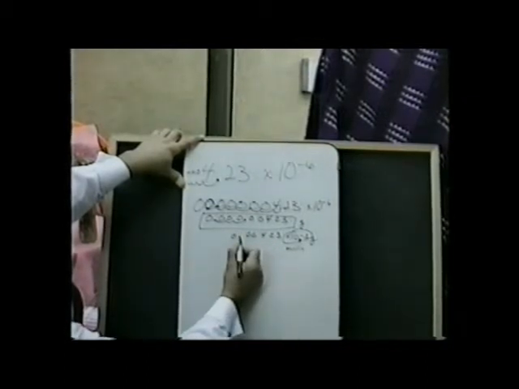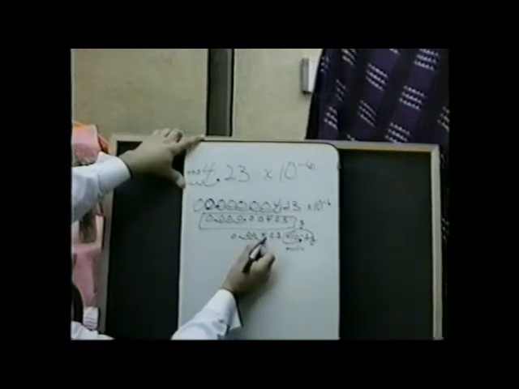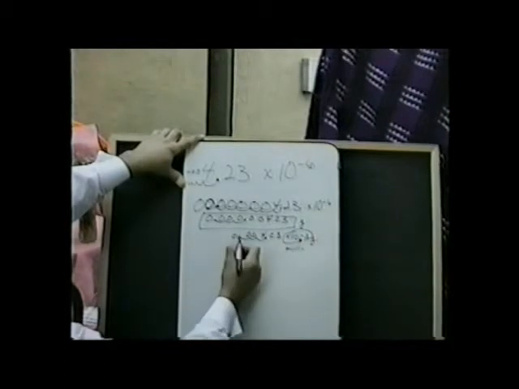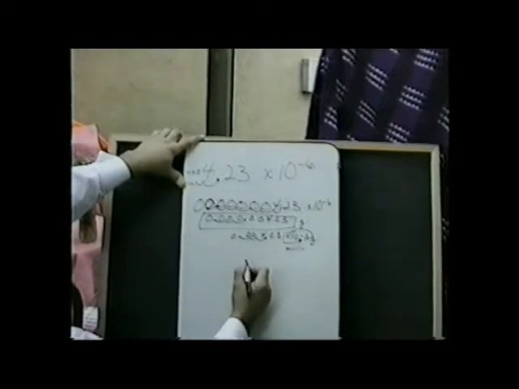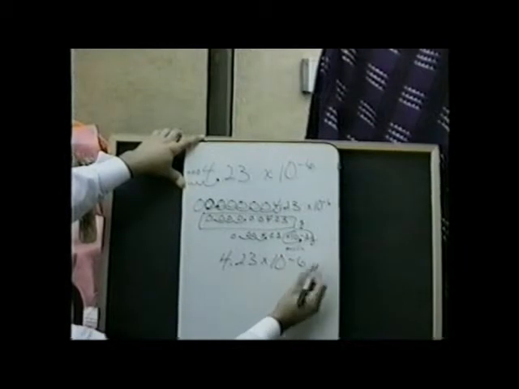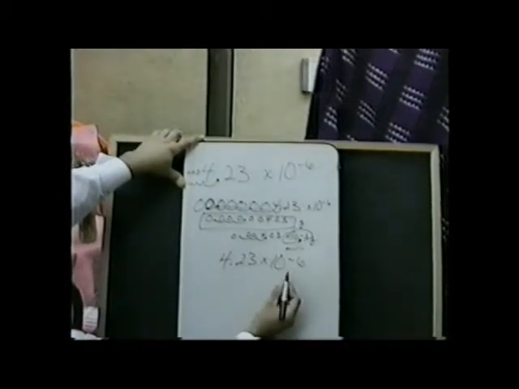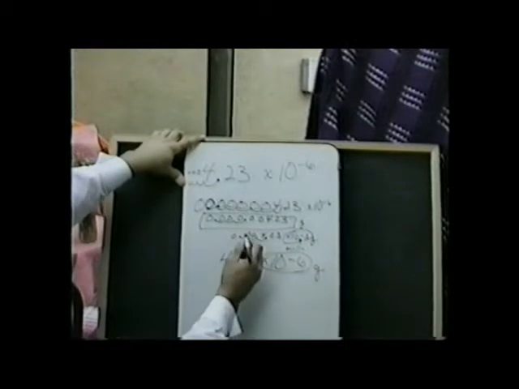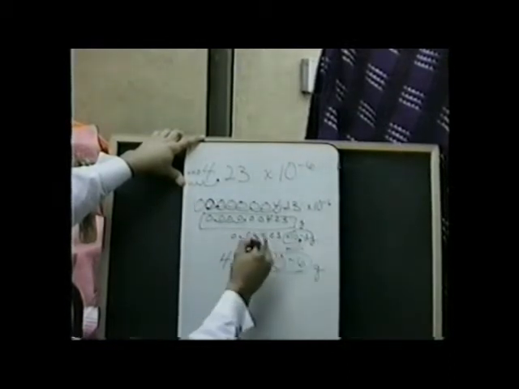Well, we can go another 3. 1, 2, 3. And this would be 10 to the minus 3, another minus 3. This would now give us 4.23 times 10 to the minus 6. That's where we started. Instead of writing this as times 10 to the minus 6 grams, we look at the next exponent, minus 3 for milli.